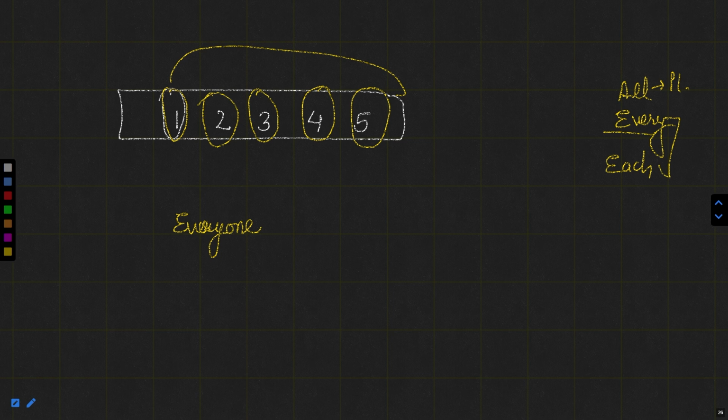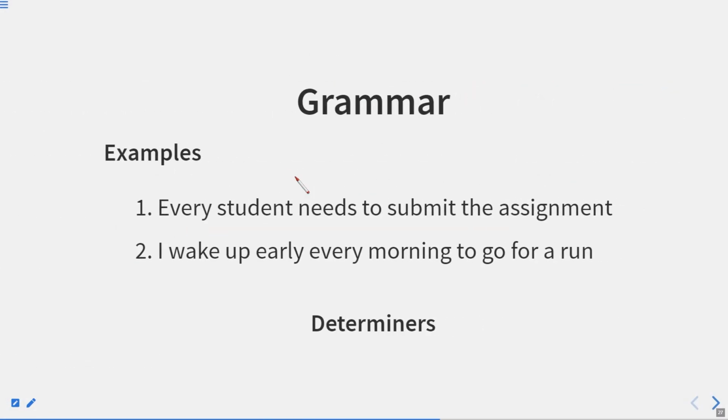Every and each, both are followed by a singular noun and the singular form of the verb because they focus on individuality, though each focuses on individuality strongly, whereas every includes all individually. For example, if I say every student, it means I'm talking about every single student, but considering all of them at a time. Now let us get back to the slides.